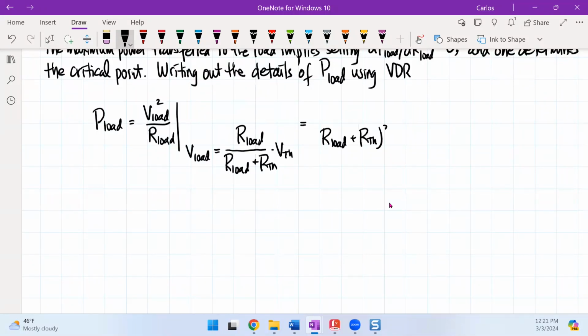RTH quantity squared divided into R load VTH squared.